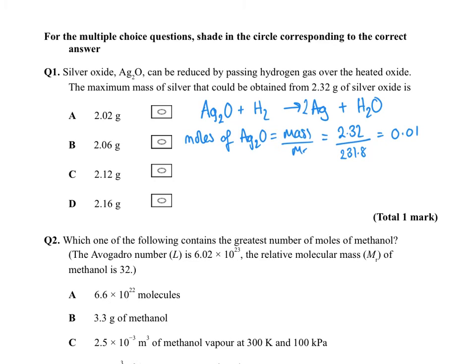From the equation you can see it's a 1 to 2 ratio. Got 1 here and a 2 here. So the moles of silver are going to be 2 times the moles of silver oxide.